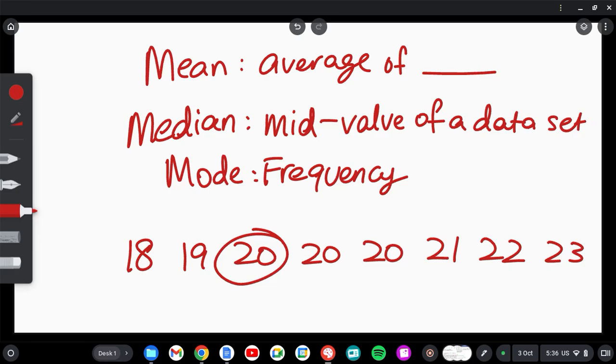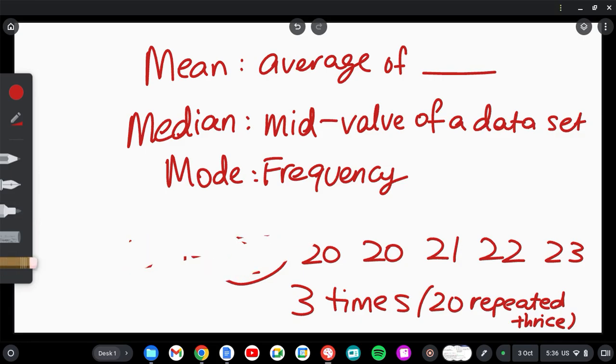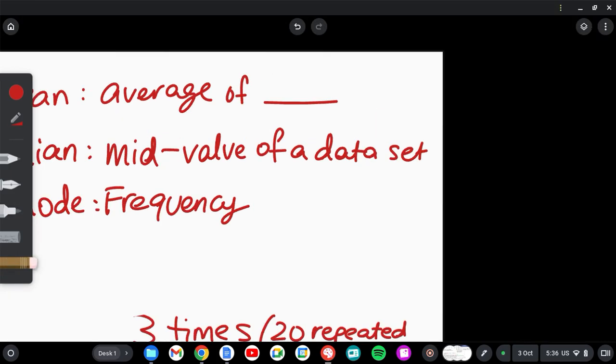Sometimes they'll ask you for the mode number, which is 20, and sometimes they may ask how frequently this number occurs. You will need to tell me it is 3 times, because 20 is repeated 3 times, thrice. Understand? That's just an example.